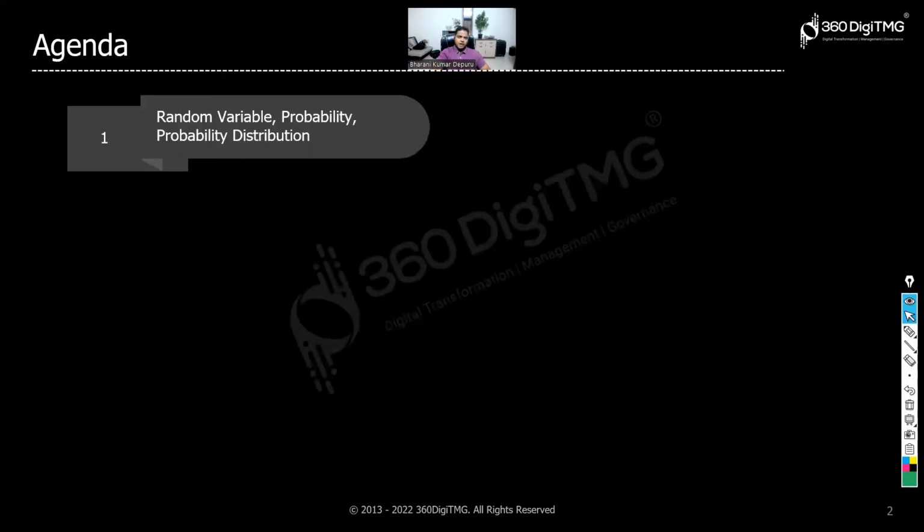Here is our agenda. We will try to understand what a random variable is and what we mean by probability. The moment people hear about probability, they are like, oh my God, probability is back again to haunt me. In school days, I thought probability would be something that would never haunt me.